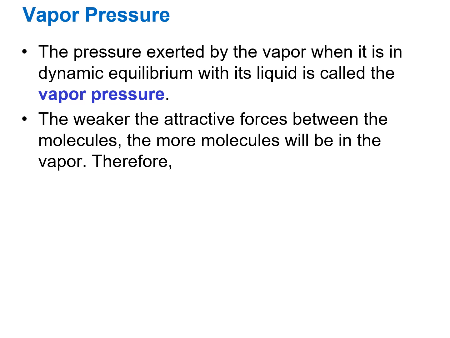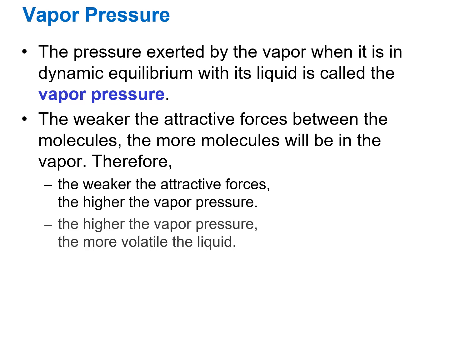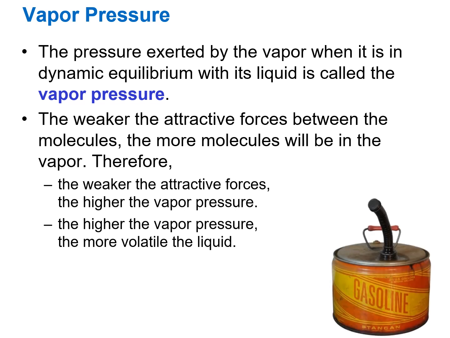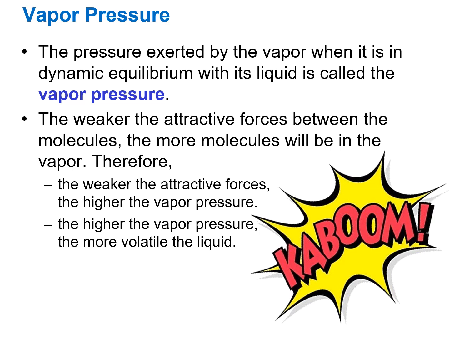We've already established that. So therefore, the weaker the attractive forces, the higher the vapor pressure. The higher the vapor pressure, the more volatile the liquid. We might think about this liquid right here, gasoline, and if enough of those vapors escape, then we talk about volatility. It can look like that in a bad scenario.